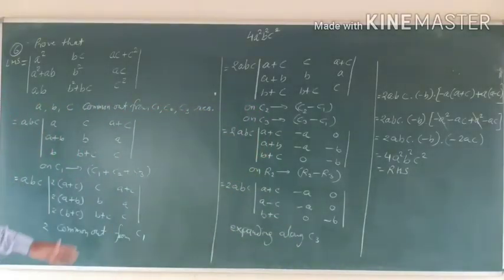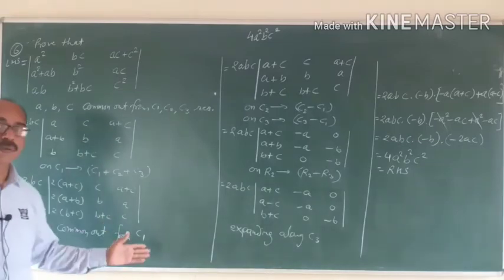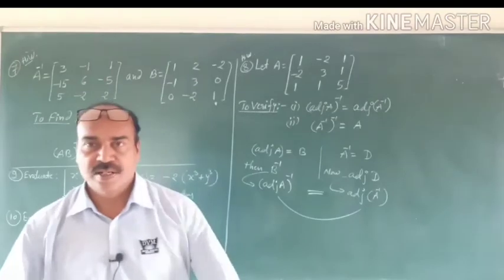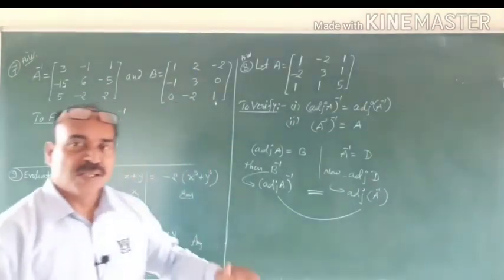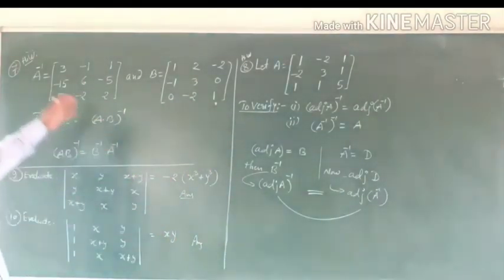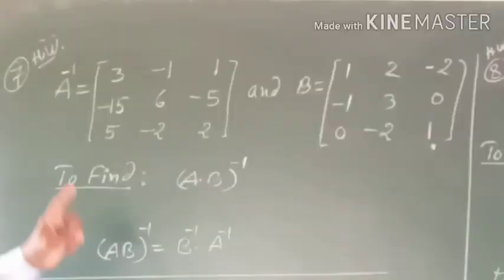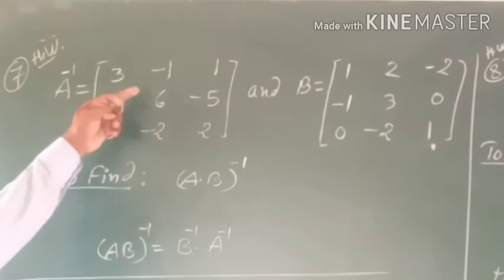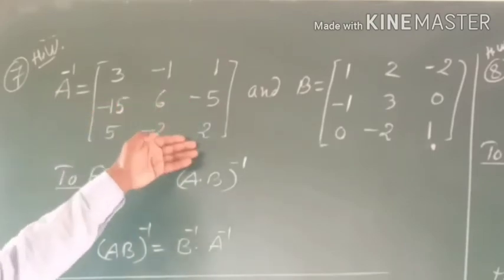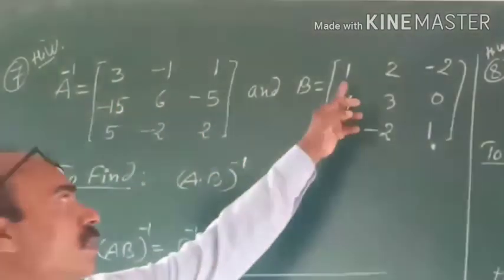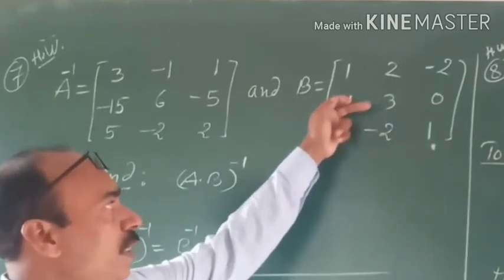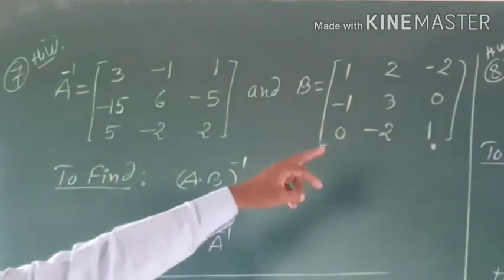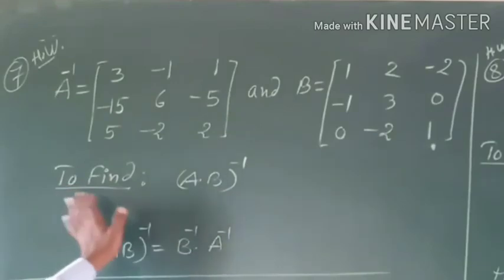So once again watch this video and write it down in your fair copy. Now it's time for homework. Let's see question number 7. If A inverse is 3 minus 15 5, minus 1 6 minus 2, 1 minus 5 and 2, and matrix B is 1 minus 1 0, 2 3 minus 2, minus 2 0 and 1, then find AB whole inverse.